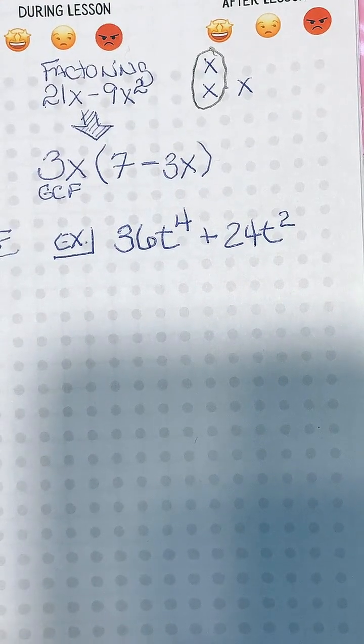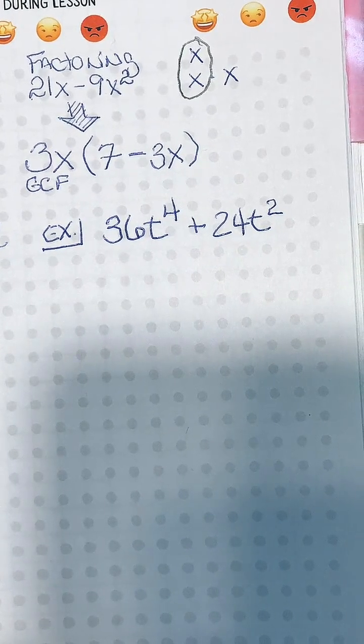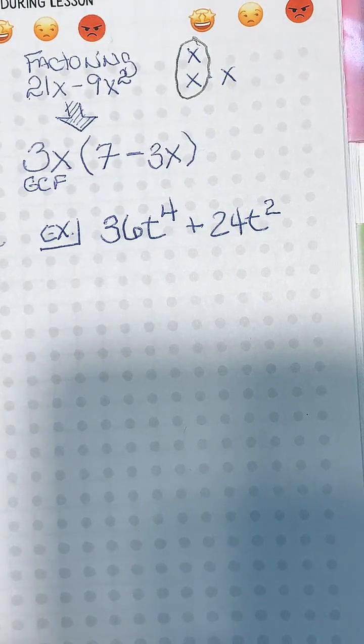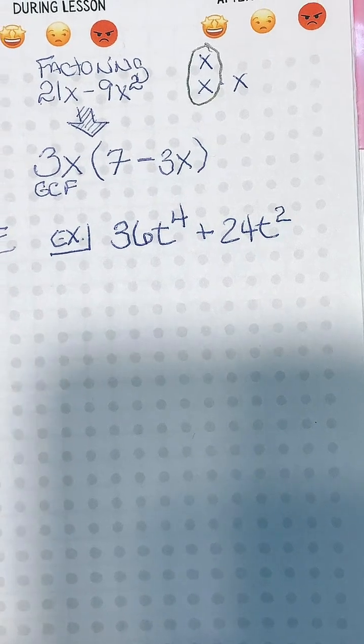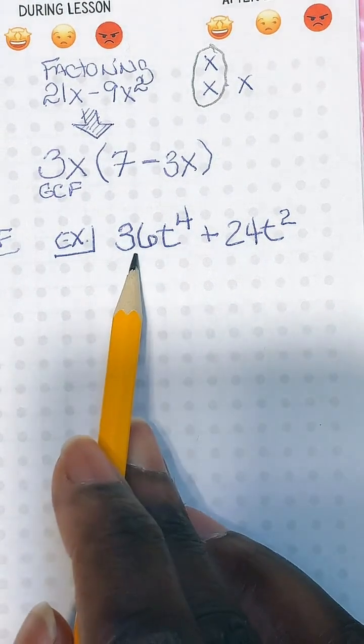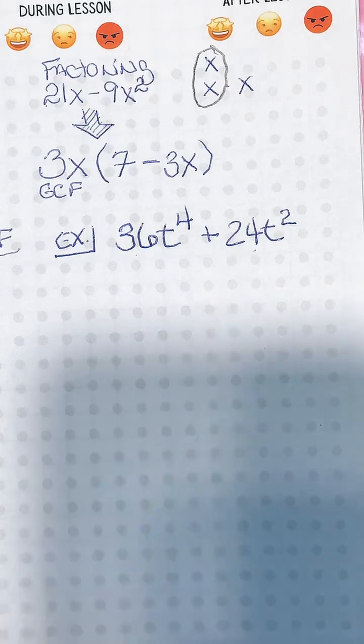So 36t to the 4th plus 24t squared. So which number has 36 and 24 in it?